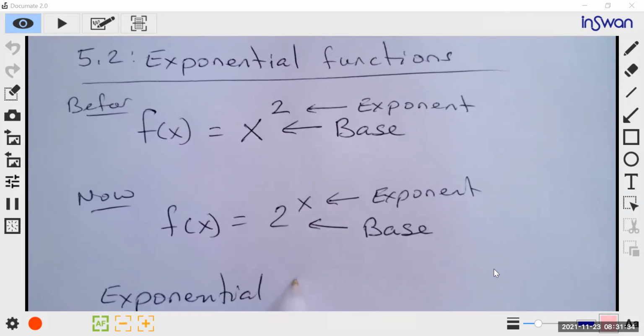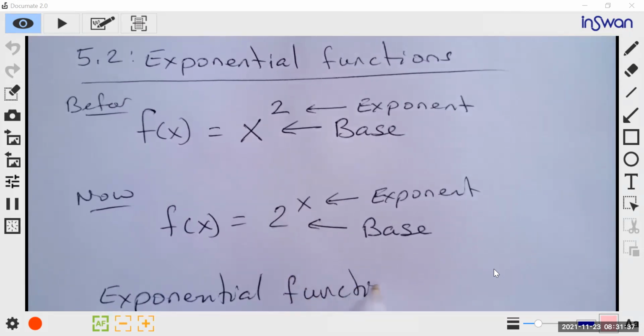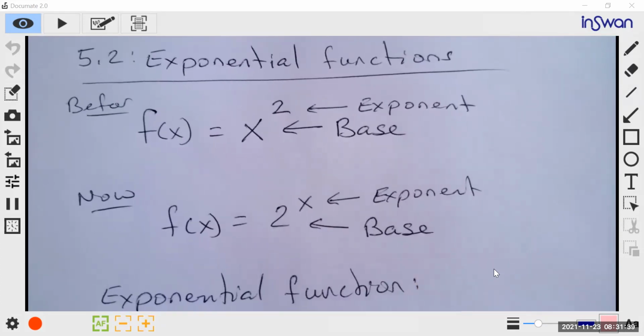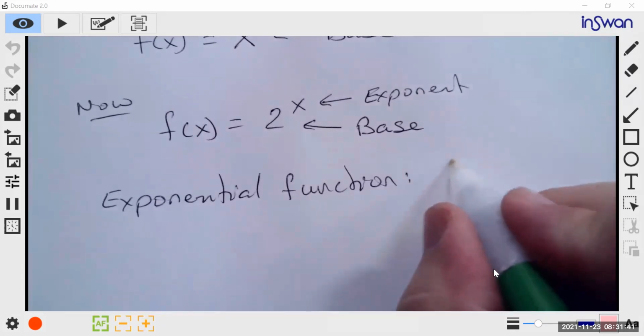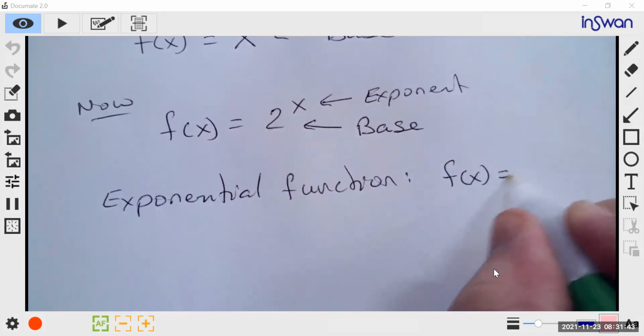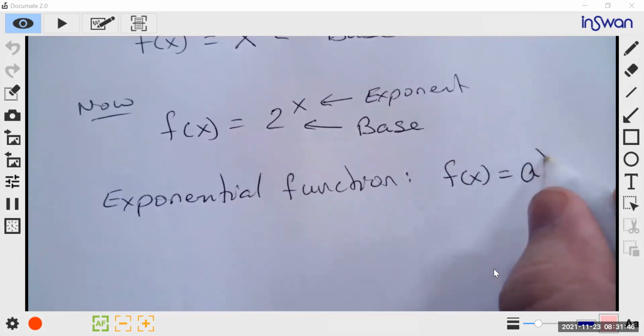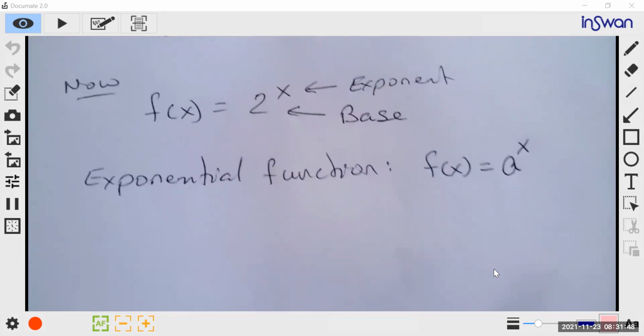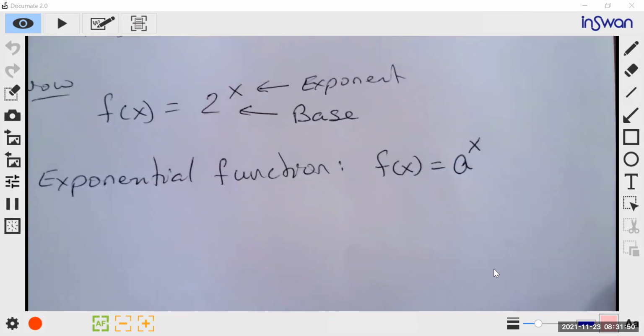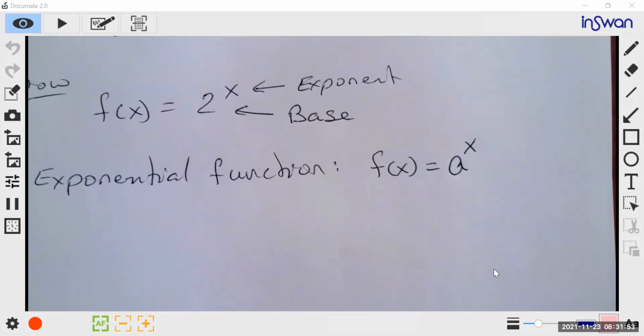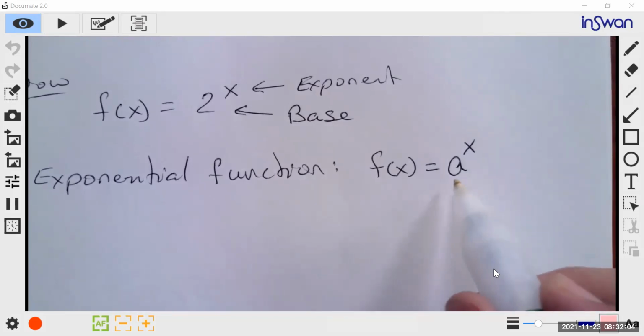So an exponential function looks like this. F of x equals a to the power x. But we have stipulations for the base, a.